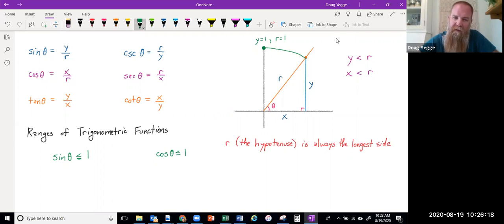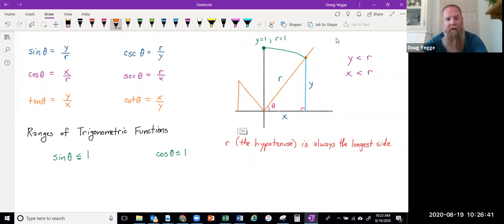But we also have to be very careful here, because if we were looking at a different quadrant, sometimes sine of theta and cosine theta are going to be negative values. So if we happen to be back in the second quadrant, now notice that the ratio itself would still be less than 1, but it would be negative.